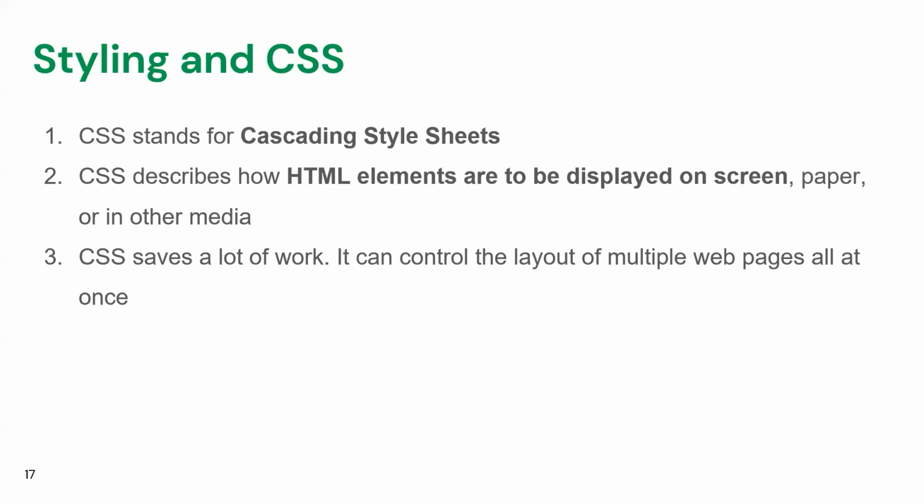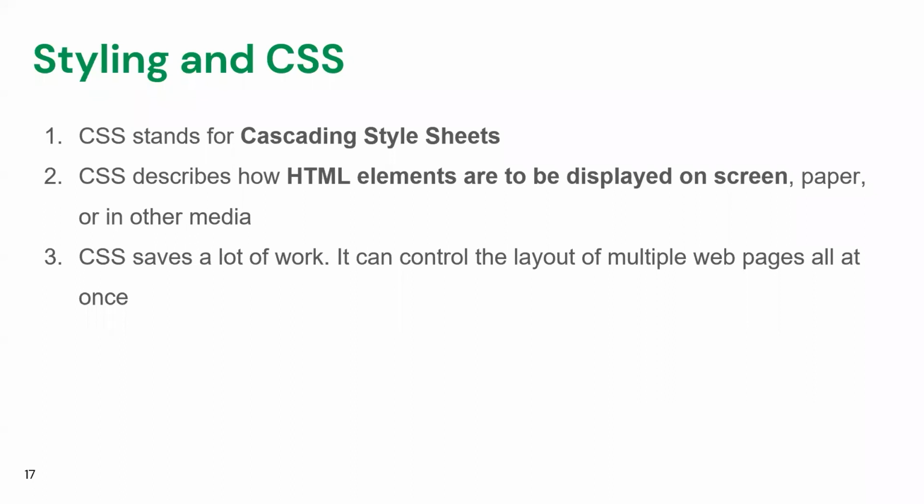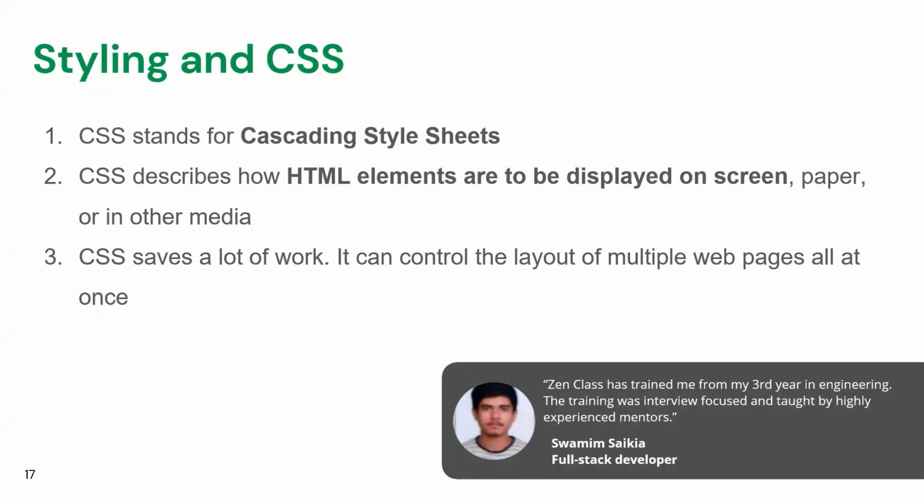So through CSS, we can create a common style design pattern, and we can apply the same design pattern to each and every page. Just like in Microsoft Word, we have a header and footer. If we want a multiple page document with some static content or heading on top of every page, then in Microsoft Word we normally place that content in the header part, so that whenever a new page is added, that part is automatically copied.